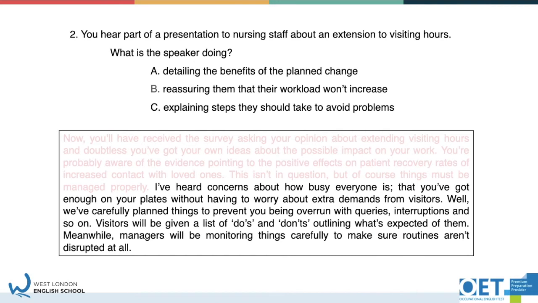If we look at this last section, so concerns about how busy everyone is, it talks about you've got enough to do without having to worry about extra demands. And then she says, we've carefully planned things to prevent you being overrun. So we have some reassuring language here with concerns and worry.